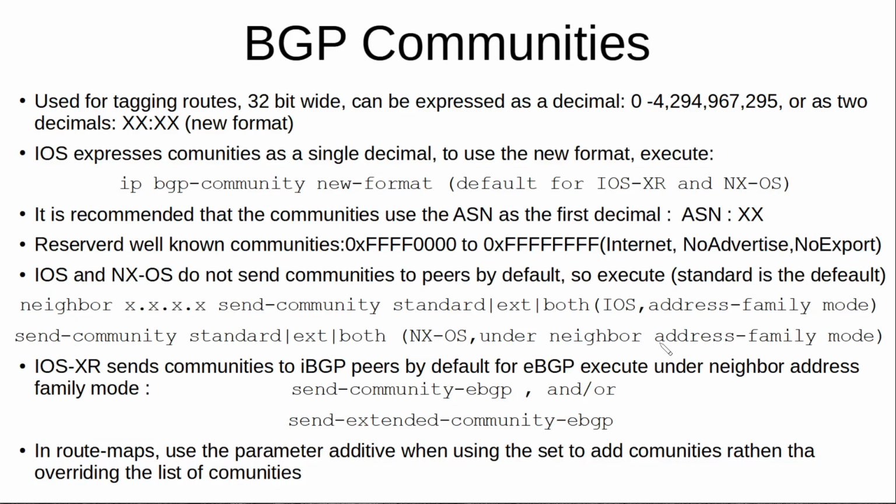But for EBGP, you have to execute this particular command, send-community-ebgp, or send-extended-community-ebgp. Remember that when using route maps, always consider using the additive parameter. If you don't use the additive parameter, you will override all the communities that belong to the prefixes.